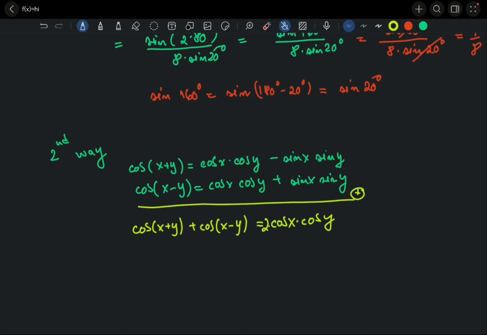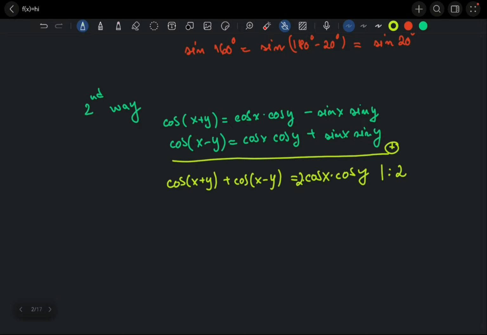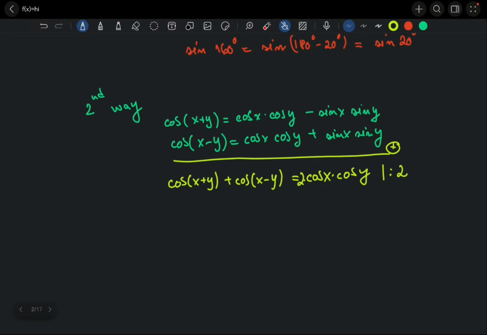By dividing the new expression on both sides by 2 and rewriting it from right to left, we get that cosine of x times cosine of y is equal to cosine of x plus y plus cosine of x minus y over 2.